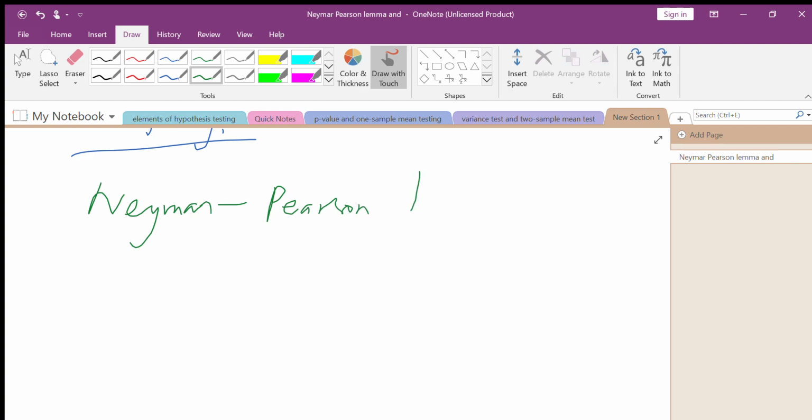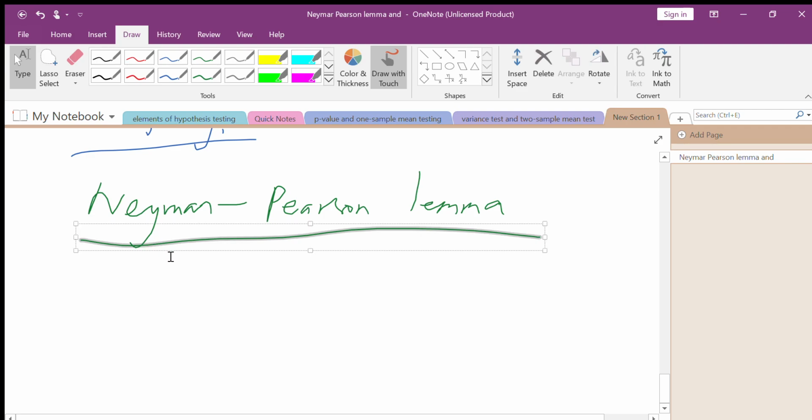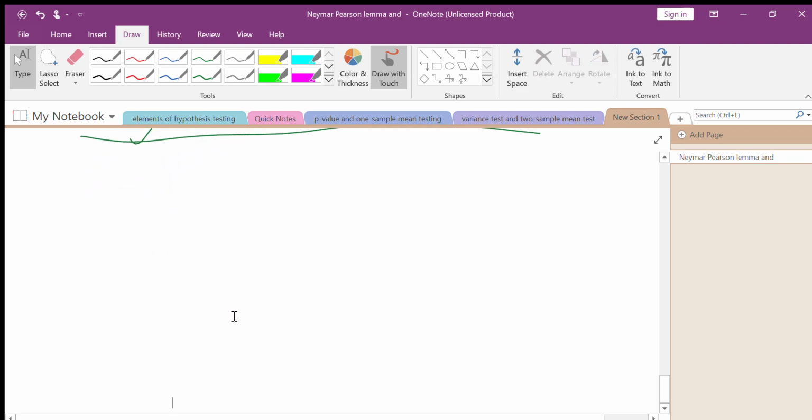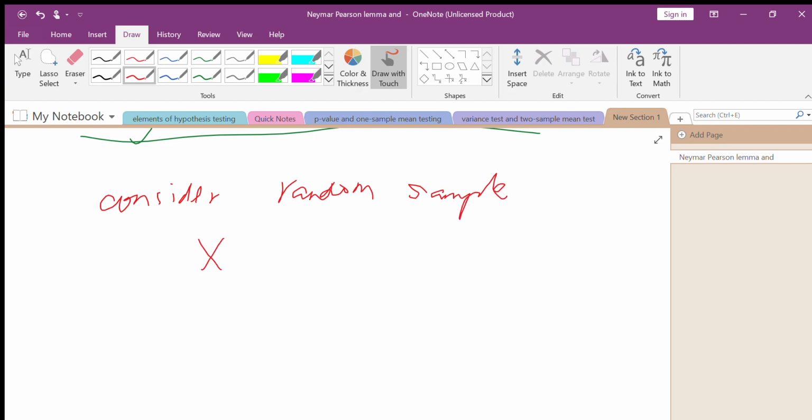The Neyman-Pearson lemma: let's first consider a random sample, capital X1 all the way to capital Xn, IID following some distribution f(x given theta).